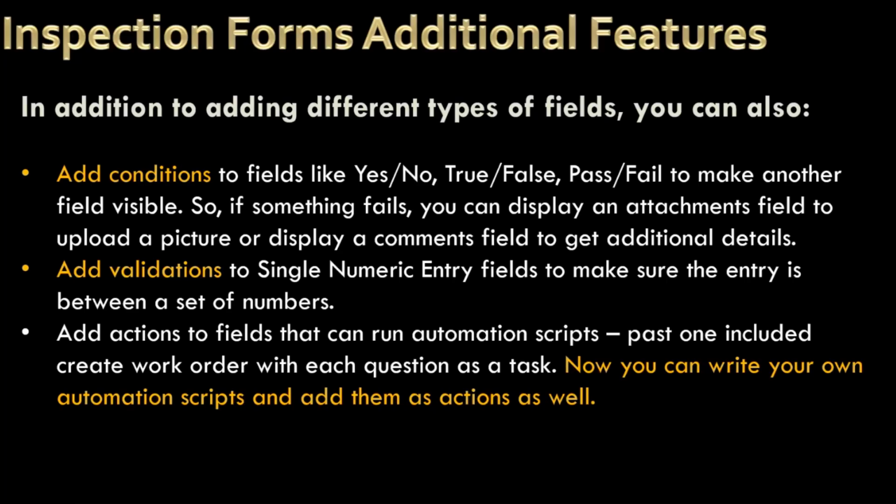So that's an automation script that people have done. Another automation script similar to that is when they complete the inspection form to submit it, it can bring up dialog boxes for the work log on the work order and things like that. So we can now do a lot more with automation scripts within our inspection forms as well.